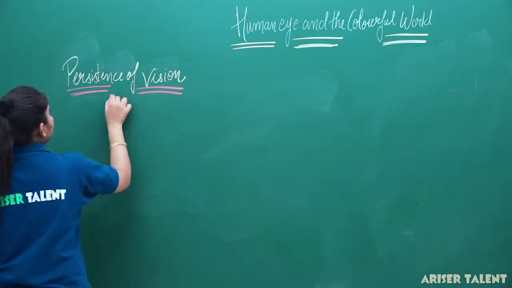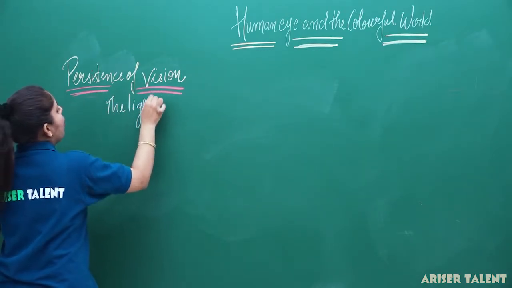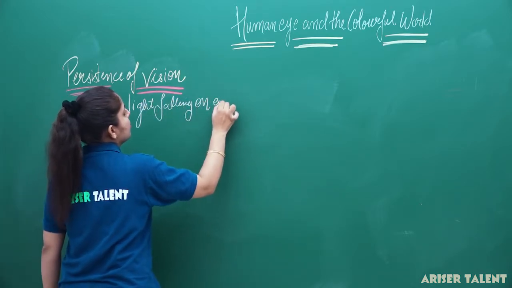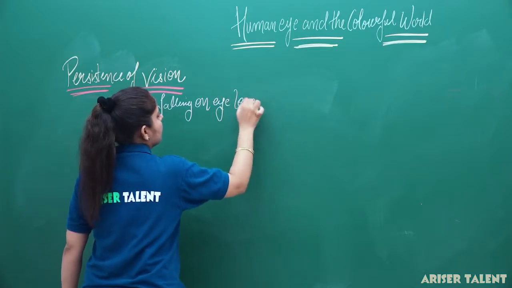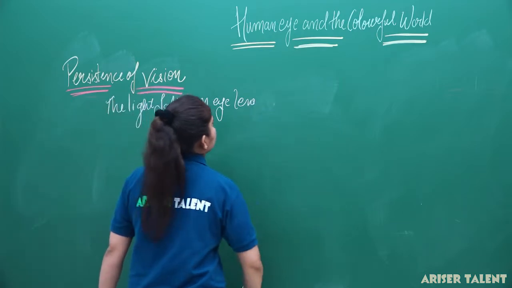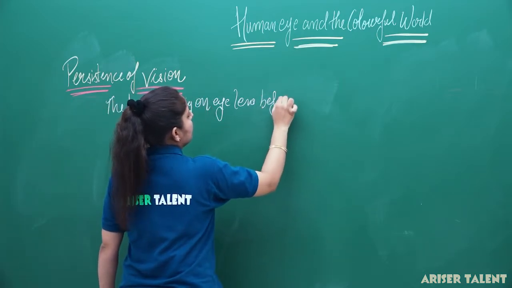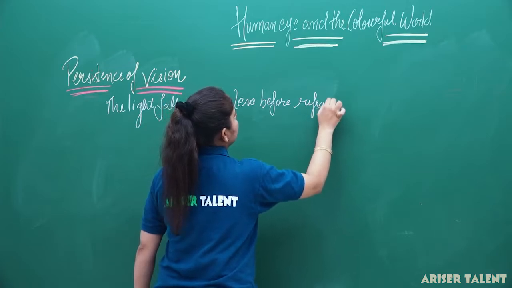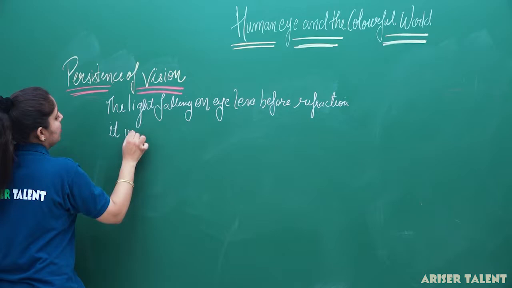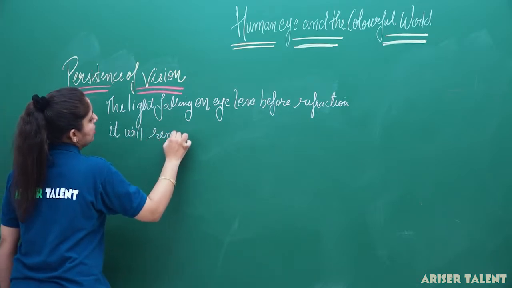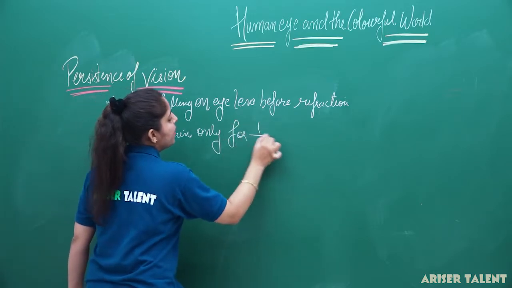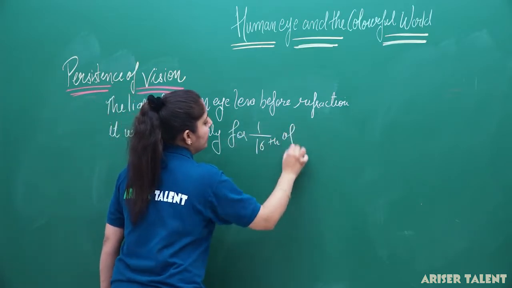So the light falling on the eye lens, before refraction, will remain only for 1/16th of a second.